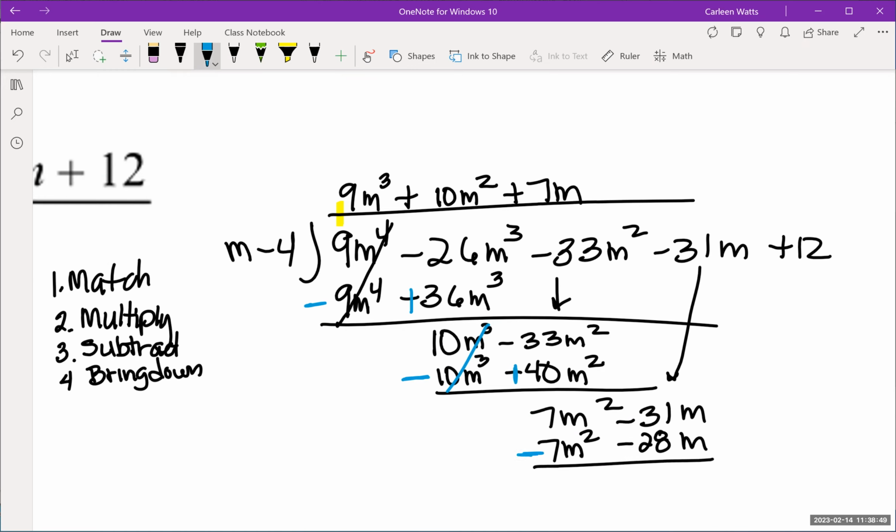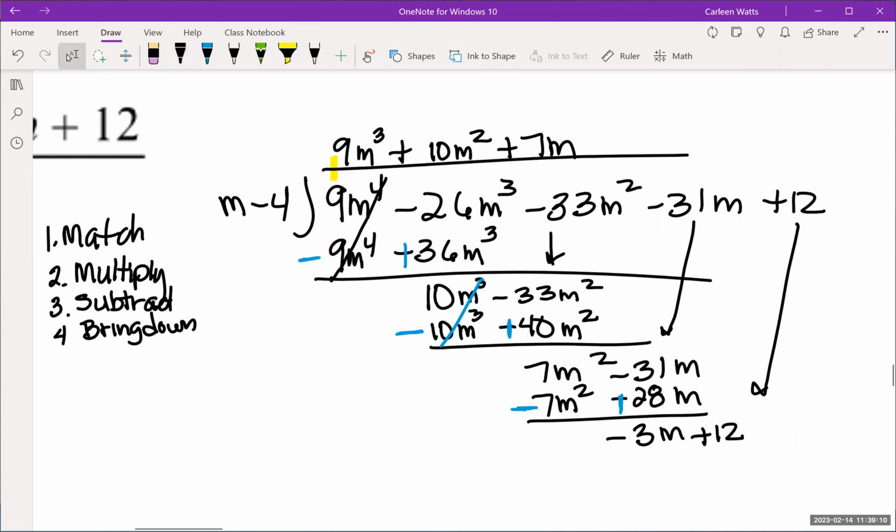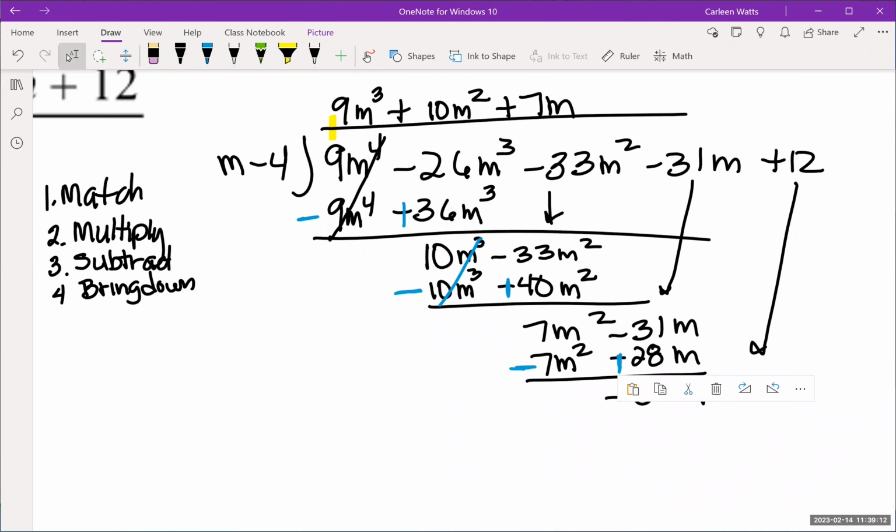Subtract. Negative 3m. Bring down the 12. Make it match.